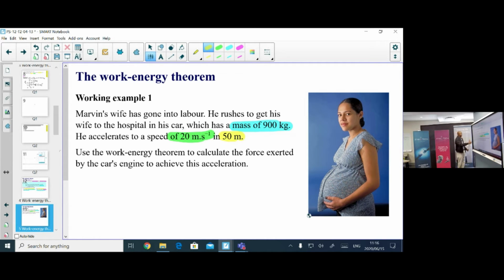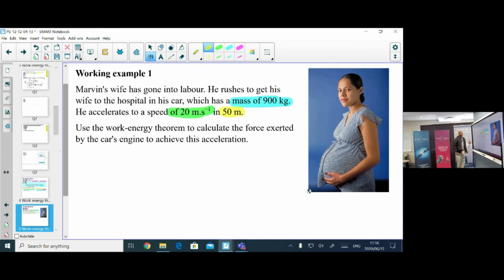All right, let us look at this. Use the work energy theorem. Like I said earlier, we are still going to use the work energy theorem, that formula, W net is equal to change in E sub K. This is very, very important. Now they're telling us which theorem you're supposed to use to calculate the force by the car engine to achieve the acceleration.